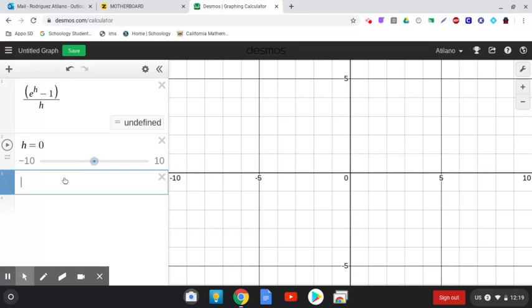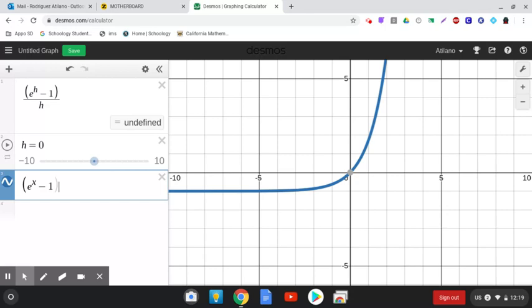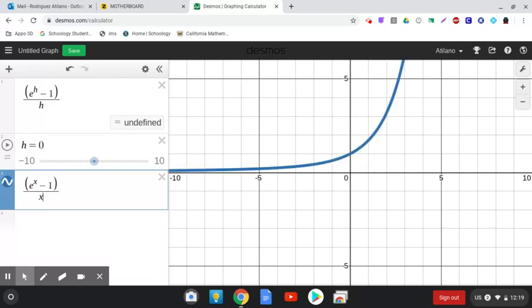So I'm going to do the next best thing, and I'm going to look at what the graph of e to the x minus 1 divided by x looks like, in hopes of seeing if I can get the limit with a graphical approach.